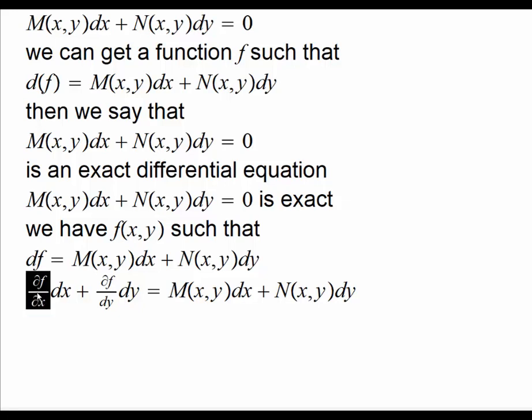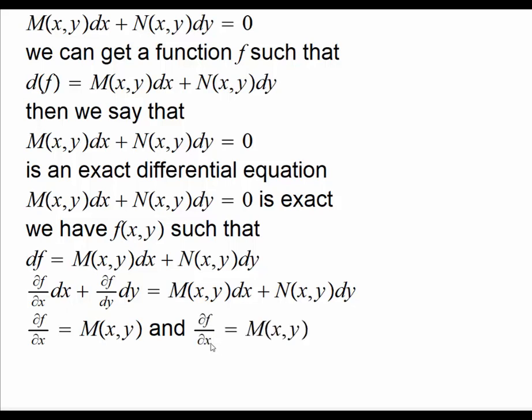So what we get then is that df dx is M, and at the same time df dy equals N of x, y. All right, if this is the case, then you know that when the partial derivatives exist and are continuous, the order of derivatives doesn't really matter.